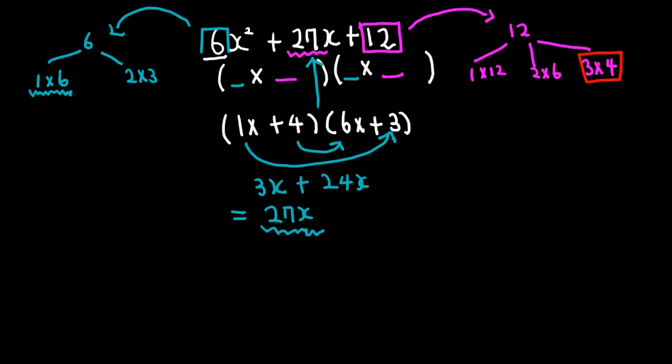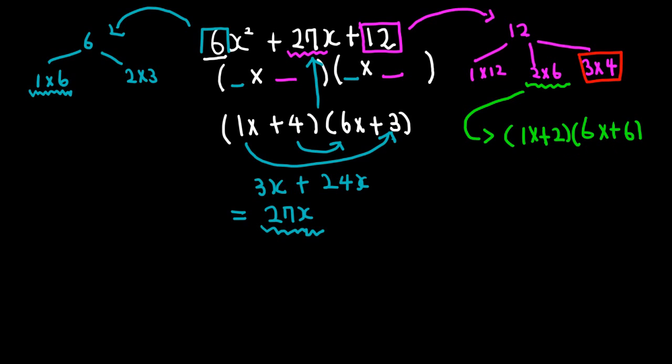Then I'm going to prove why 1 times 12 and 2 times 6 are wrong. So if we do 1 times 6 at first, let's do 2 times 6 at first. If we input the numbers, it's going to be (1x plus 2) times (6x plus 6).